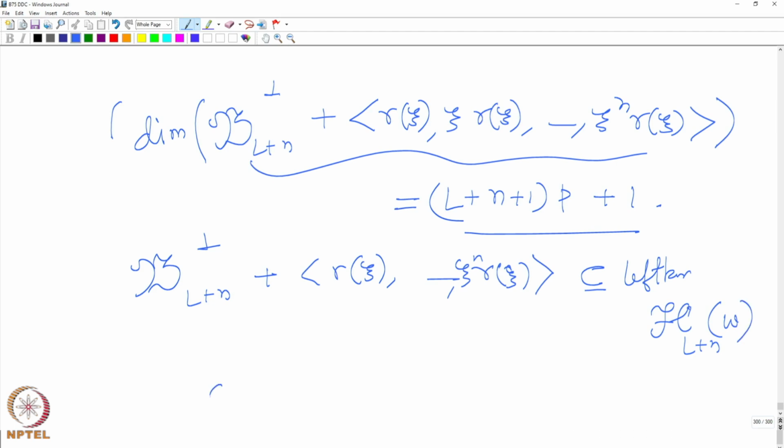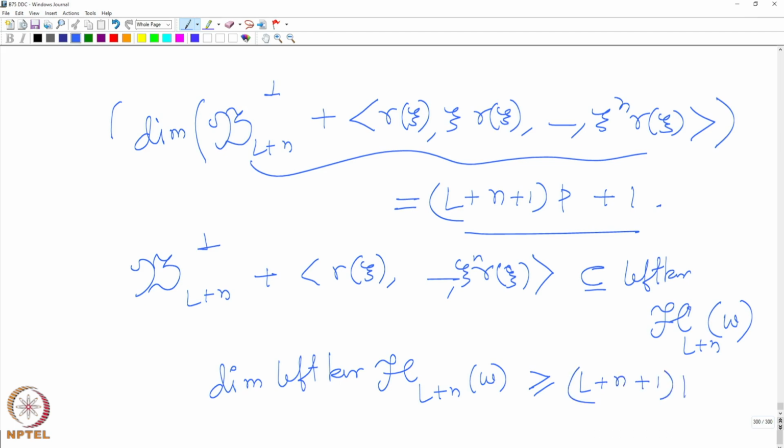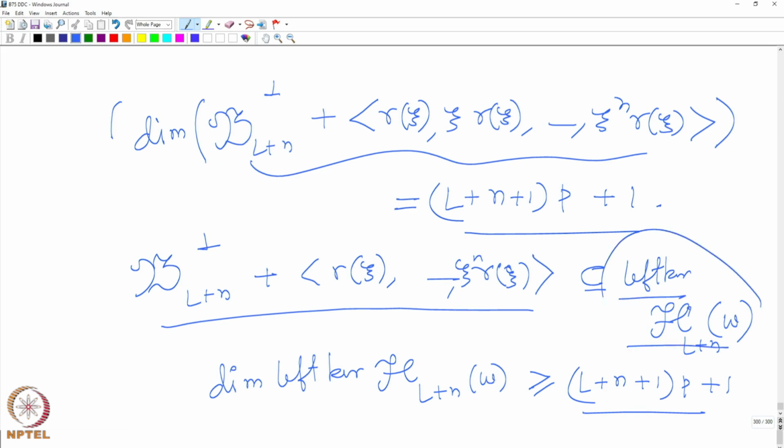So therefore, the dimension of the left kernel of H L plus N W must be bigger than or equal to L plus N plus 1 times P plus 1. Because this vector space is contained in that vector space, its dimension must be bigger than or equal to the dimension of the left hand side.